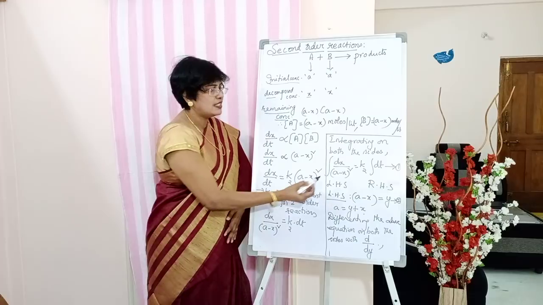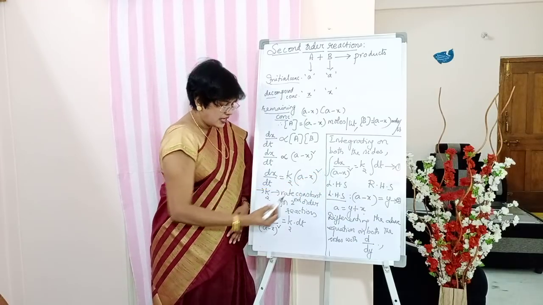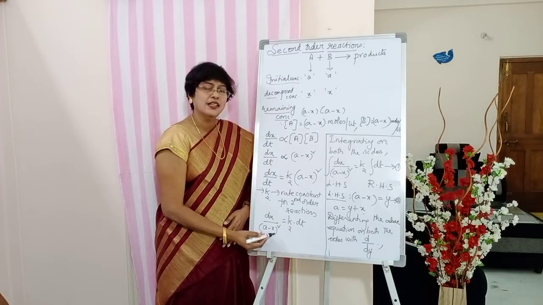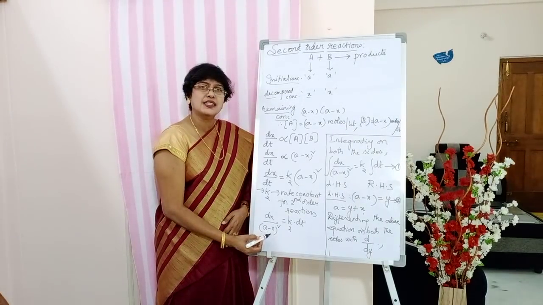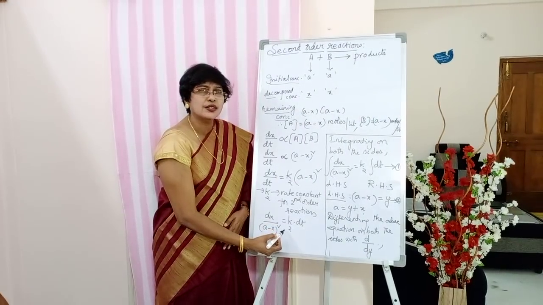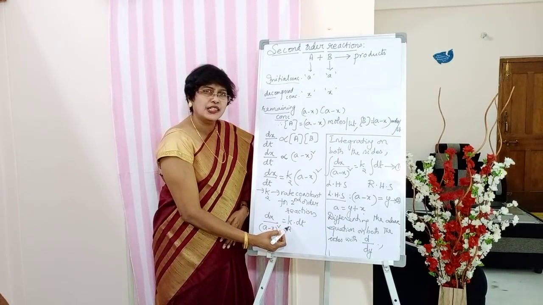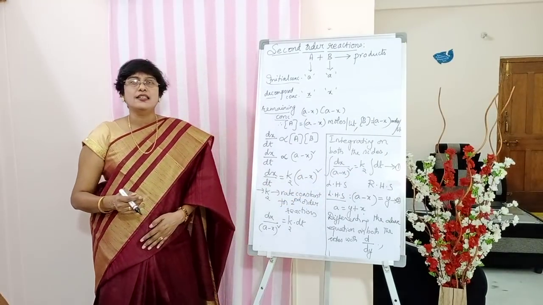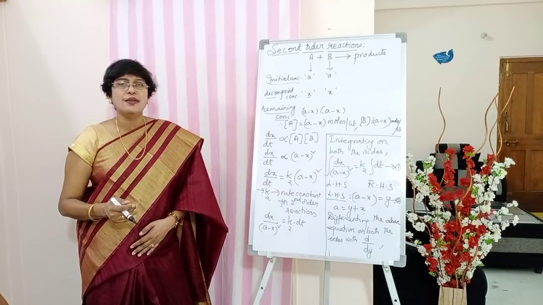Integral, this is the sign, students, integral dx by a minus x whole square is equal to, constant cannot be integrated, so K2 into integral dt. Mark that as equation 1.